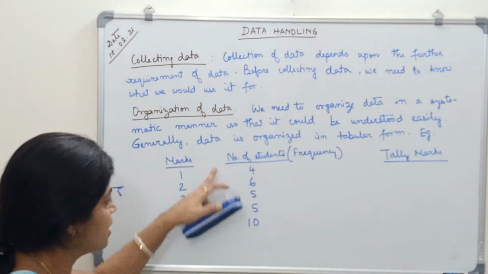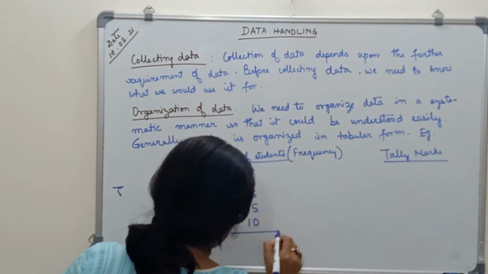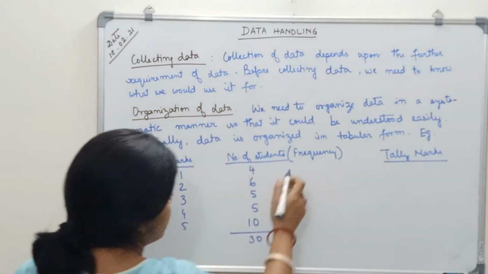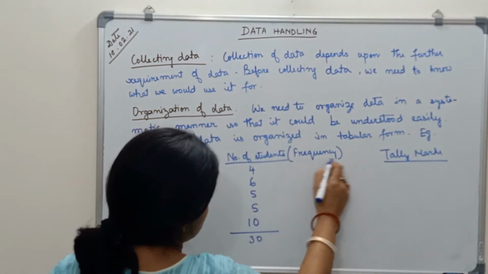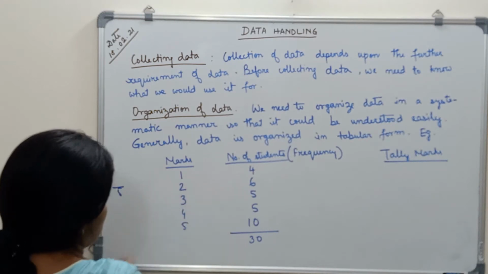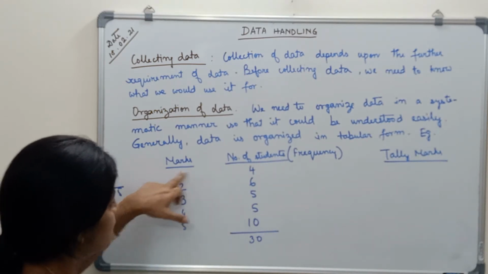Suppose 30 students are there in a class. The number of students is known in mathematical terms as frequency.